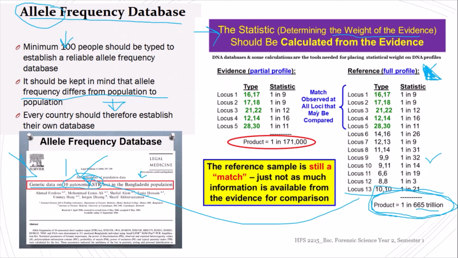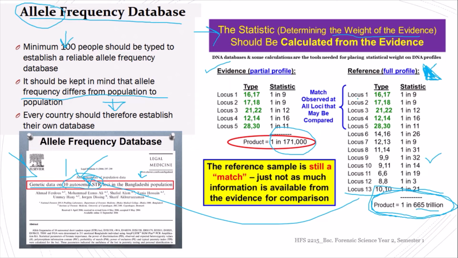Sometimes we also do use partial profiles, so that now we have maybe loci 1 to 5 giving us a calculation or weight of 1 in 171,000 individuals. So what will happen is that a match is observed at all loci that may be compared.